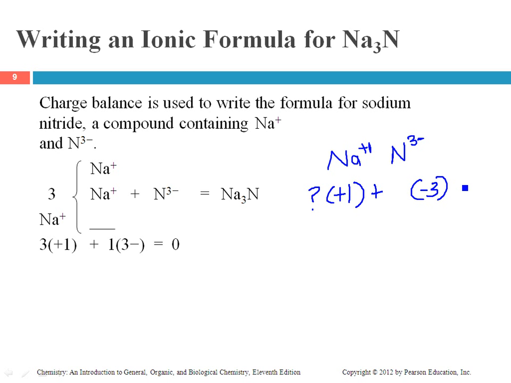Our charges have to balance. We have a -3 and we have a +1. So the only way that we can balance our charge is if we have 3 sodium ions for every 1 nitrogen ion. And so we write our formula as Na3N. The 3 represents the number of atoms, and we don't have to write a 1 here. You can if you want to, but it's understood that there's 1 atom.